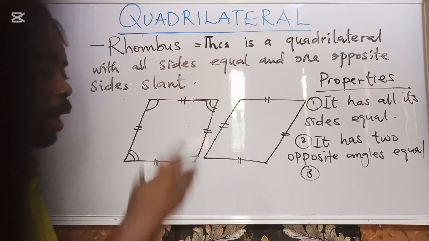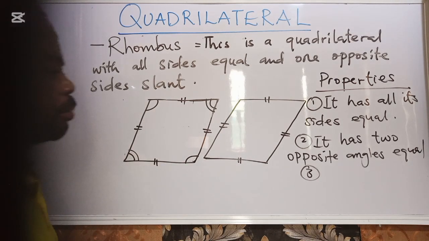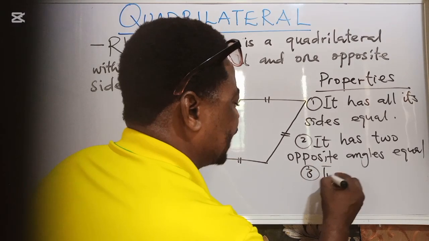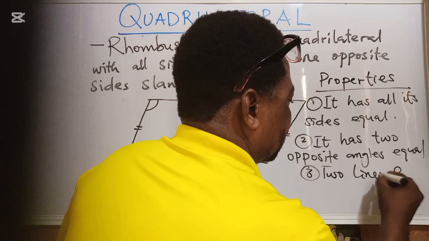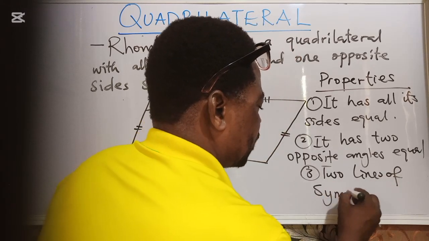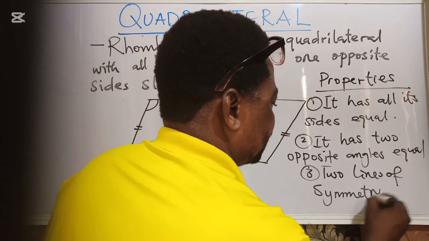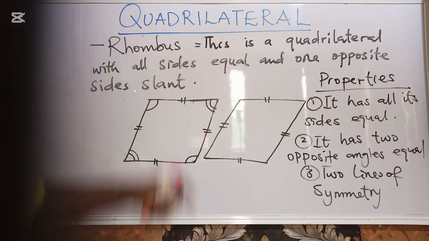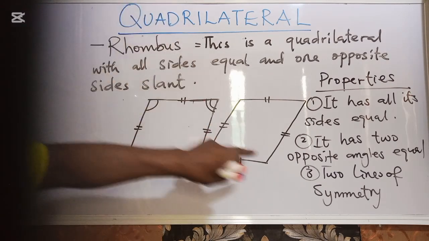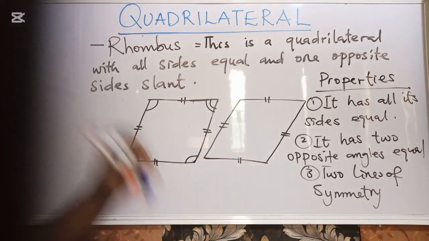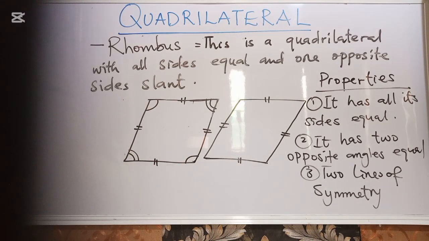Now it's no longer 4 lines of symmetry. It is now just 2 lines of symmetry. It has 2 lines of symmetry. So apart from the first 3 we have discussed concerning the general properties of quadrilateral, now this one is having these 3 again. That is, it is 6 already.